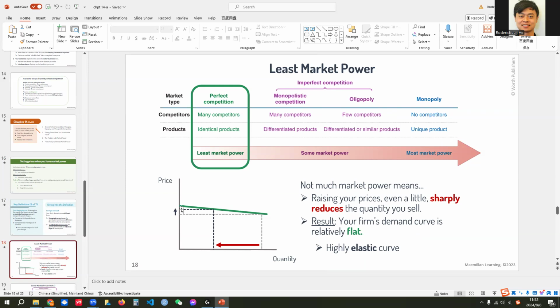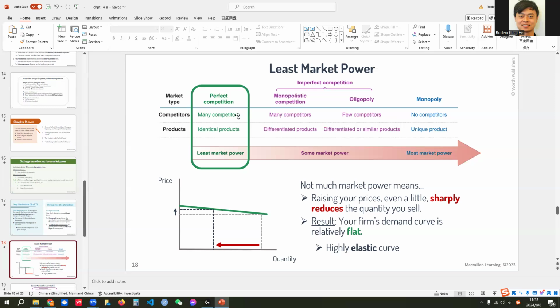Remember, let's recall what we learned in chapter 5, elasticity, right? Elasticity has some implication on steepness, on the slope. So when we have many competitors, that is to say, each consumer has a lot of alternatives available, right? And the products are all identical and they have no loyalty to a product.